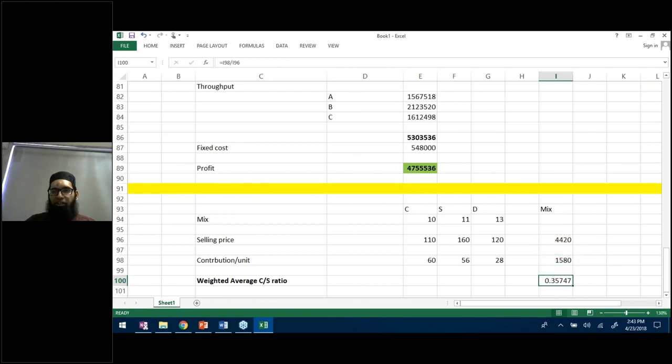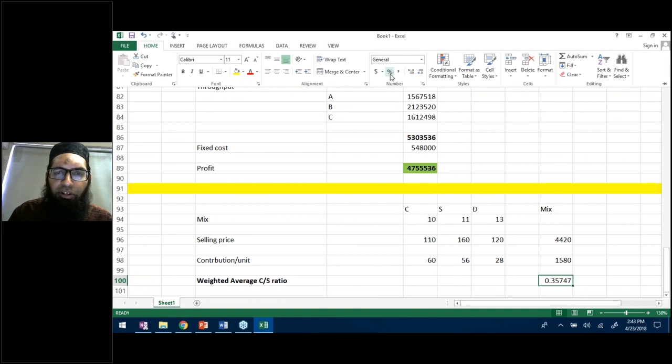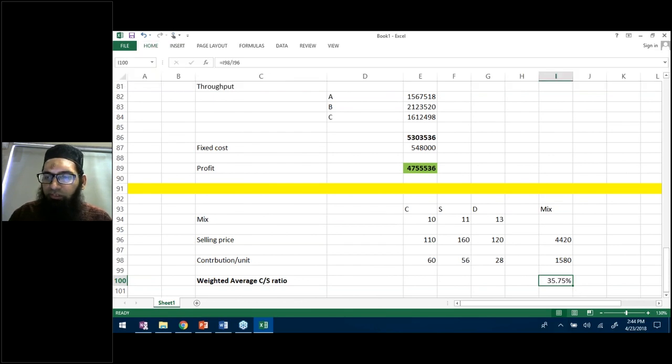And the answer is 0.35747. What you should do in the end is convert or represent it as a percentage. So this will be 35.75%. Let's also make it bold.